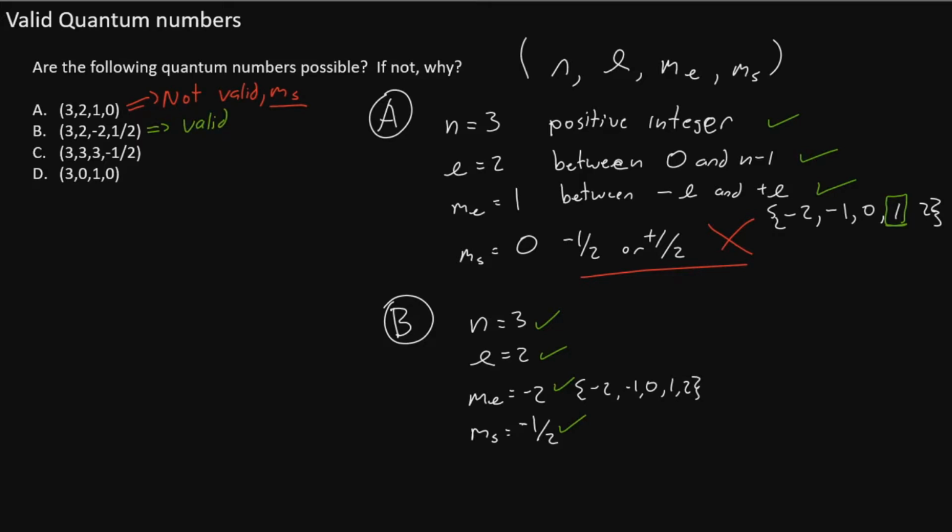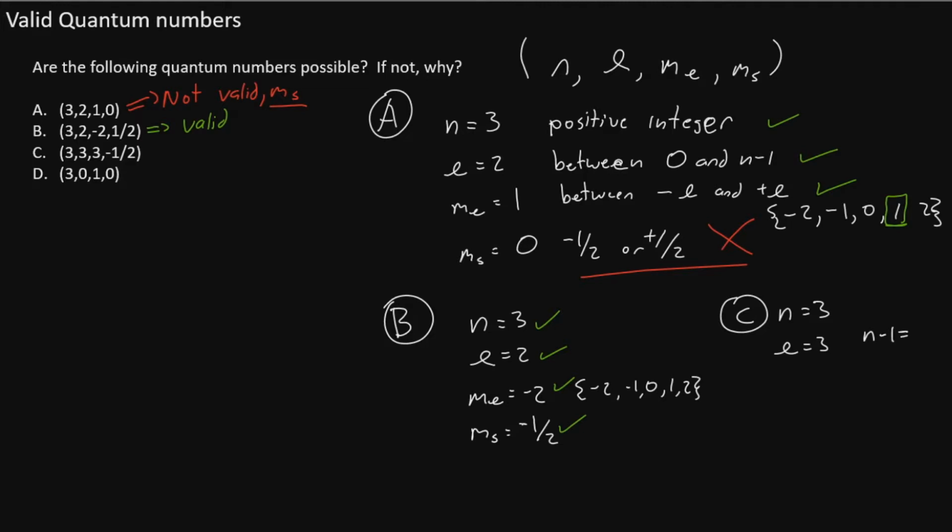Now let's go on to configuration C. We're given again an n of 3. Since this is a positive integer, this works fine. We're also, however, given an L of 3. The L must be between 0 and n minus 1.